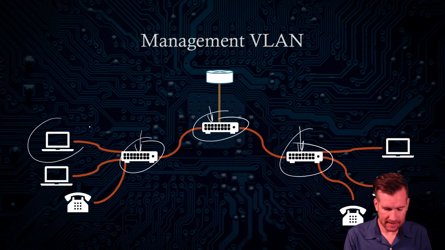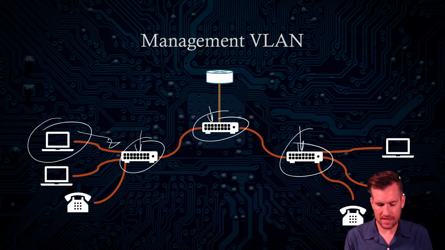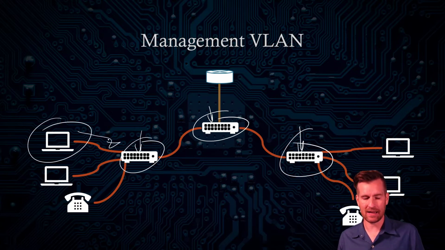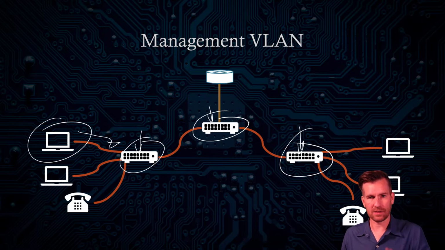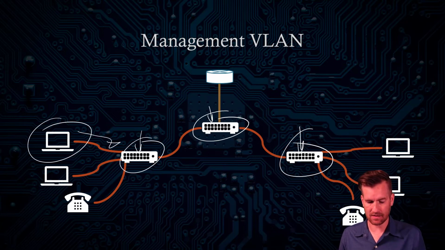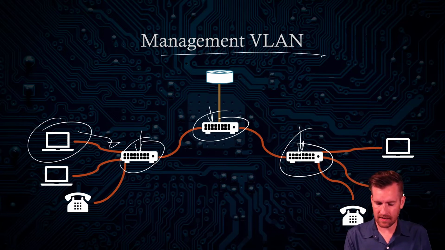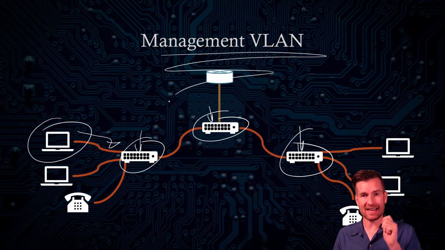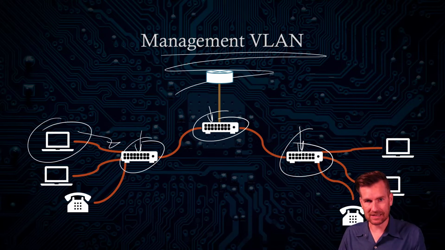But if I were sitting on just a regular device, I wouldn't be able to get into that management VLAN. So we block the traffic from anything except machines that will actually be accessing these devices. That's the management VLAN, and the design is to keep your network secure and make sure that people don't have access to the core of your network.